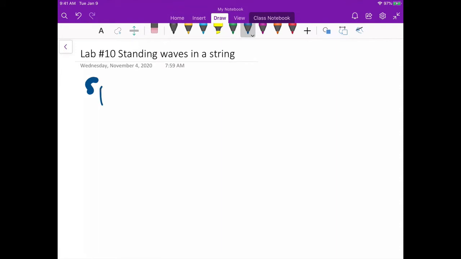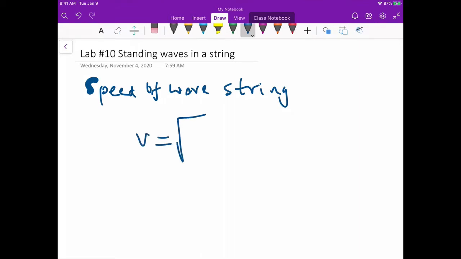So the speed of a wave in a string can also be calculated as v equals the square root of F divided by mu. I'm going to explain this characteristic.